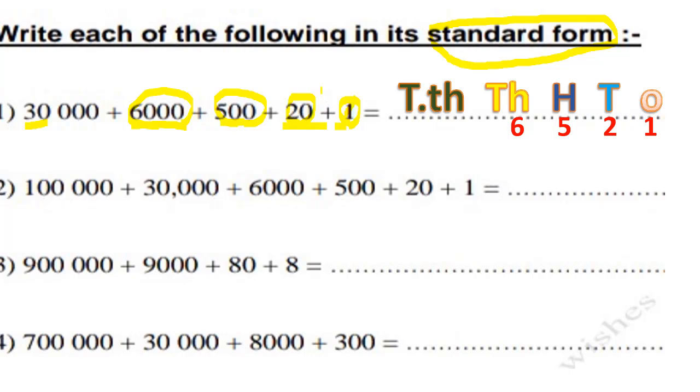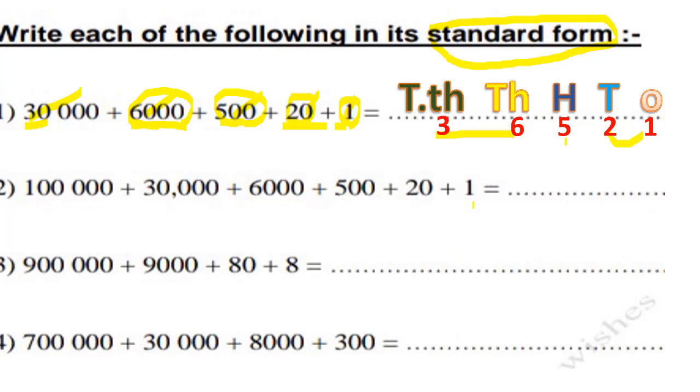Don't forget, my students, to make a circle or to cancel the number which you write. Okay? Next, here I have 10,000. The last number will be here. 10,000 is 30,000, teacher. So if I want to read this number, here I have 36,521.